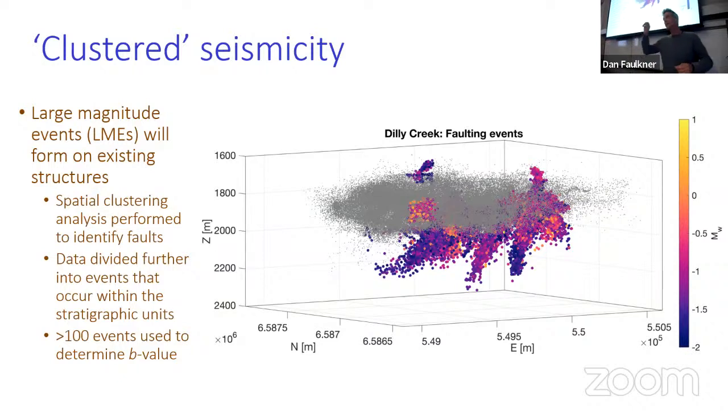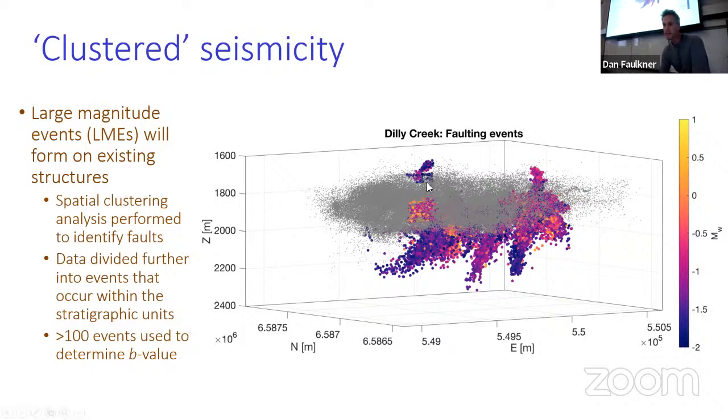But if we're interested in the big events, the big earthquakes that can form, they're only going to happen on pre-existing faults in the subsurface. You're never going to be able to create a several kilometer long fault just by fluid injection to produce an event of maybe magnitude 4 or 5. So we're only going to produce large events on pre-existing fault structures.